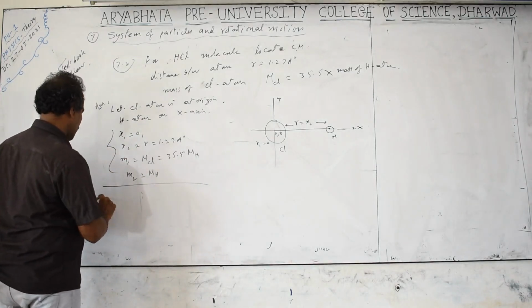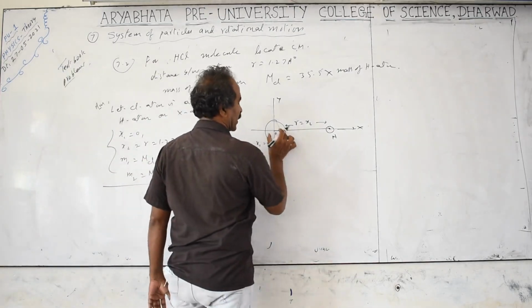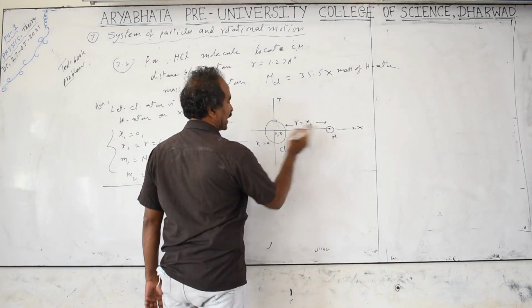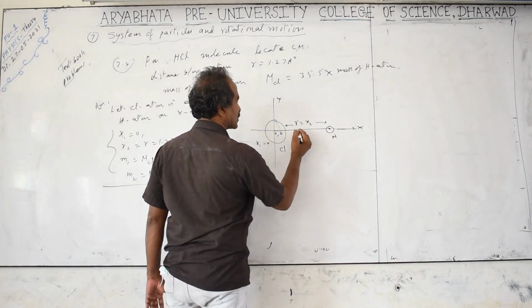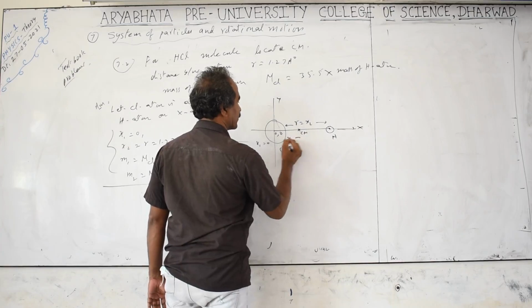Next is the location of the center of mass from the heavier particle, from chlorine. If you ask for hydrogen, you can take hydrogen here. The center of mass will be close to the larger mass, so this is the center of mass. The distance from here to here is xcm, that we have to find out.